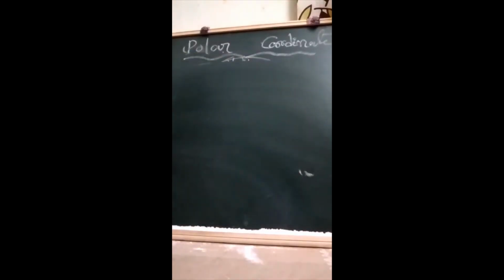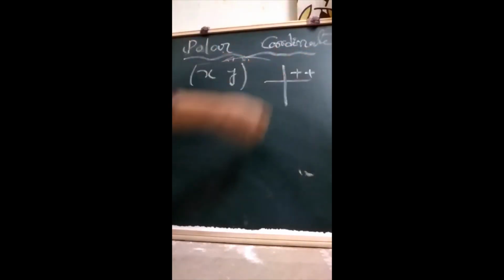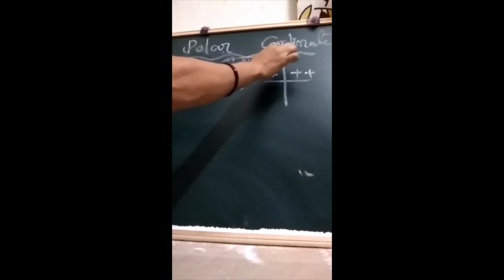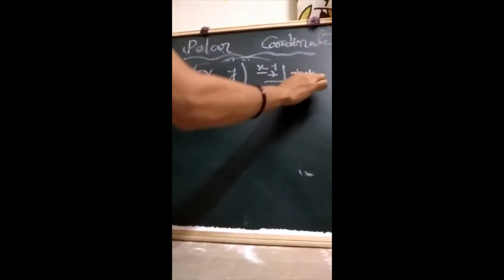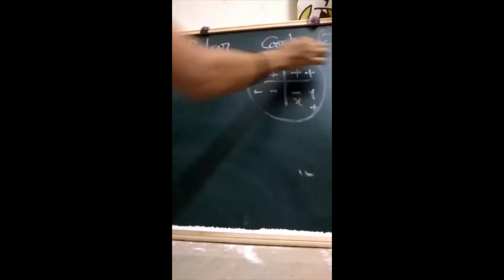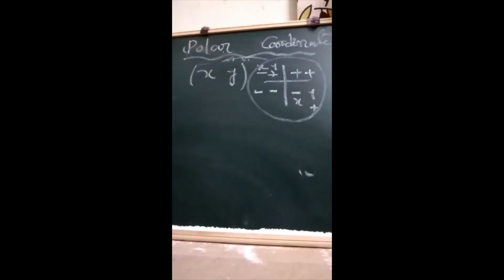The Cartesian coordinate system is always expressed by the xy value. It may be the positive zone, or a negative zone: x is negative and y is positive, or both are negative. This is the basic theme, the four quadrants or four zones of the Cartesian coordinate system.